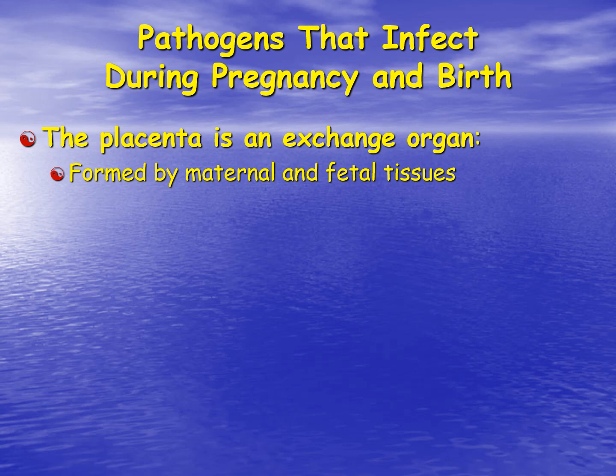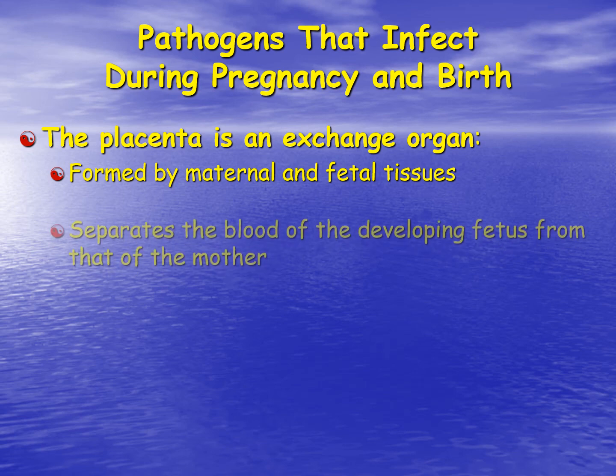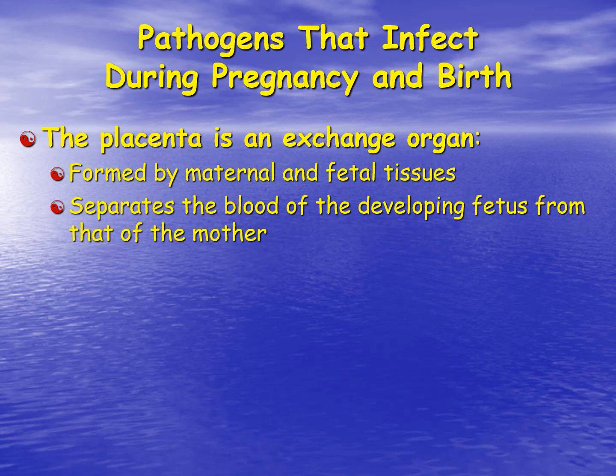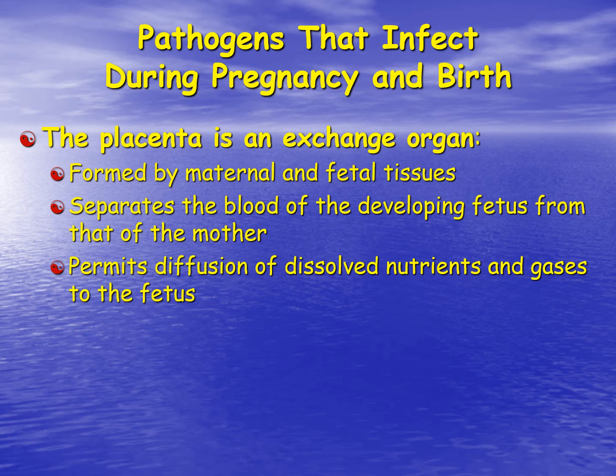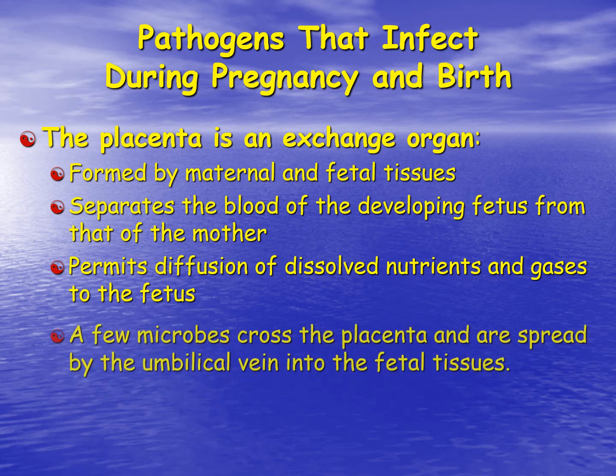So it's formed by both maternal and fetal tissues. It separates the blood of the developing fetus from that of the maternal bloodstream. But it permits diffusion of dissolved nutrients from the mother's bloodstream into the fetal stream, and gases into the fetal bloodstream, as well as the diffusion of wastes from the fetal stream into the maternal stream.